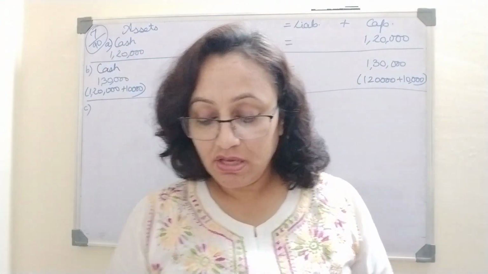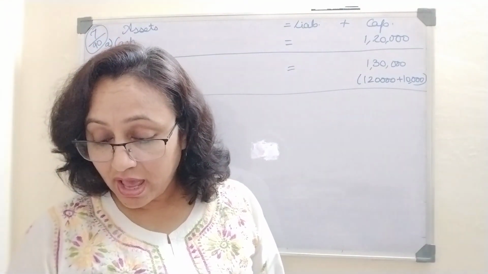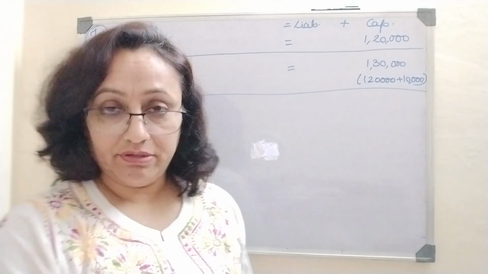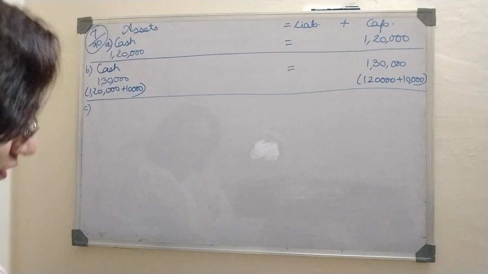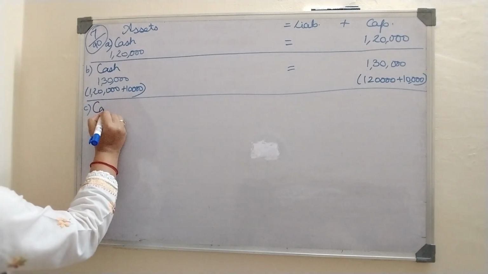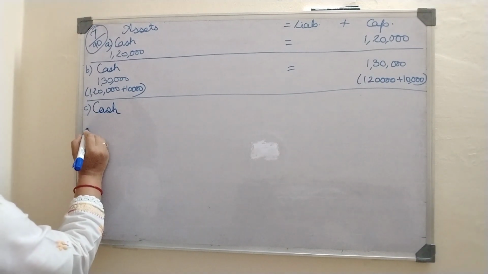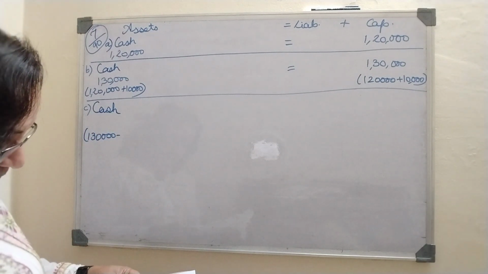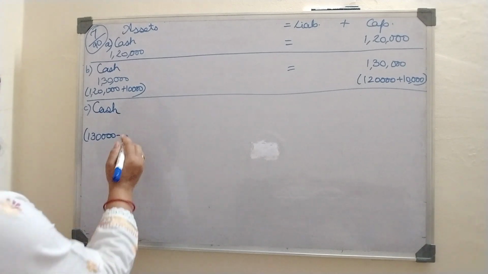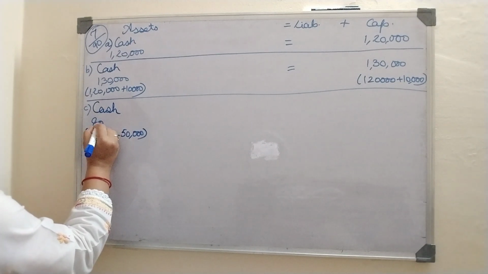Invested in shares means we have to create another head in assets and it will be added in the capital, right? So it is invested in shares 50,000. So cash, now cash will remain the same. See, when we have purchased the shares means we have purchased them for cash. So 1,30,000 minus 50,000 comes to 80,000.